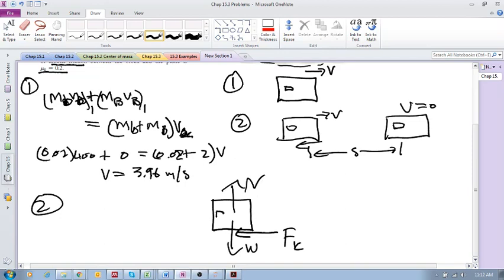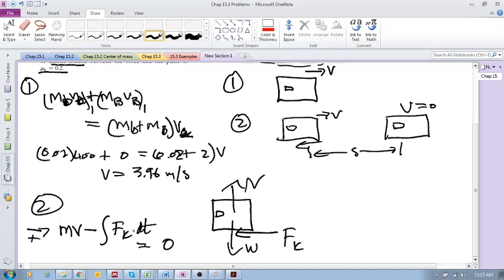And there's our bullet inside the block. So we're trying to find this distance traveled. If we look in the x direction and take right as positive, then we're going to have the total mass of this entire system times the velocity, minus the friction force dt, which is the negative impulse due to the friction, equals 0, because our final velocity is 0.